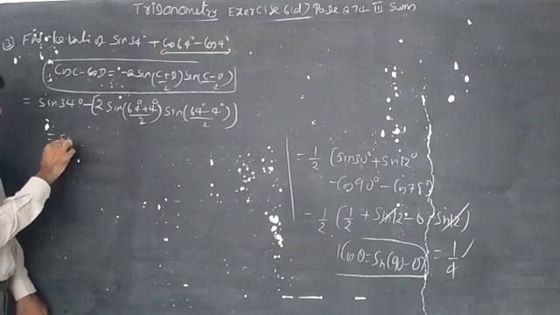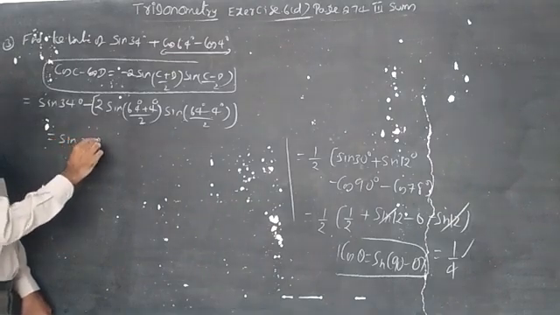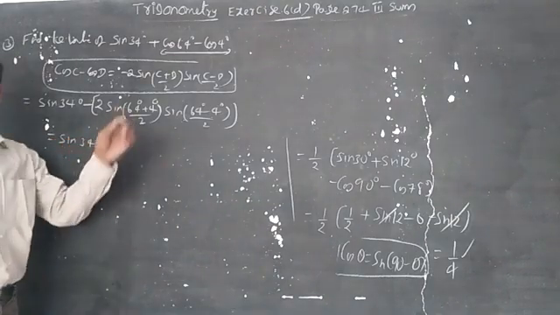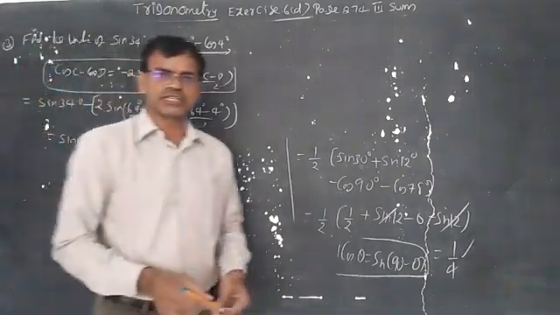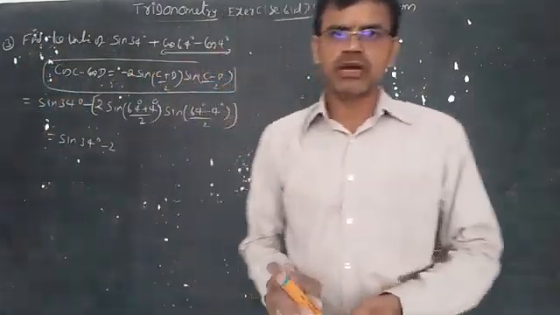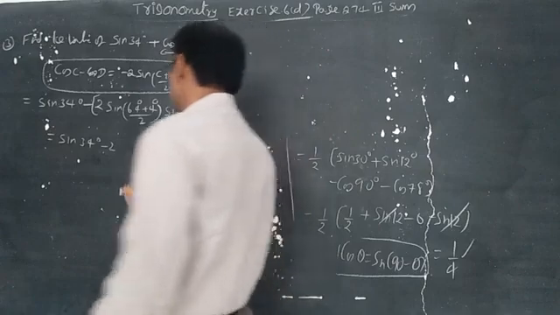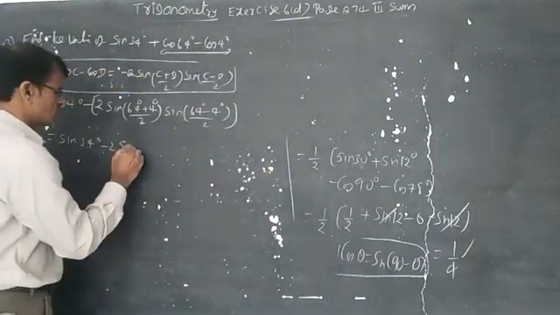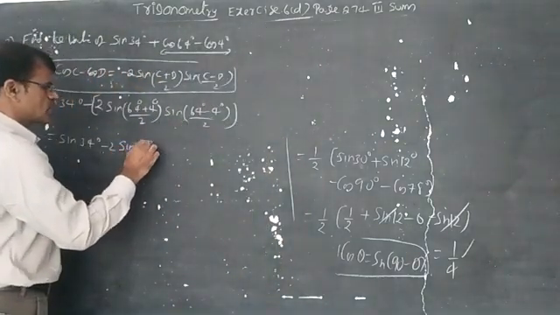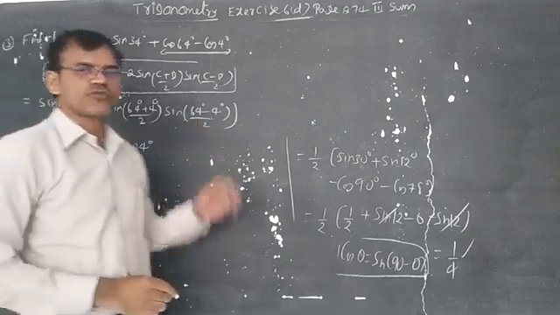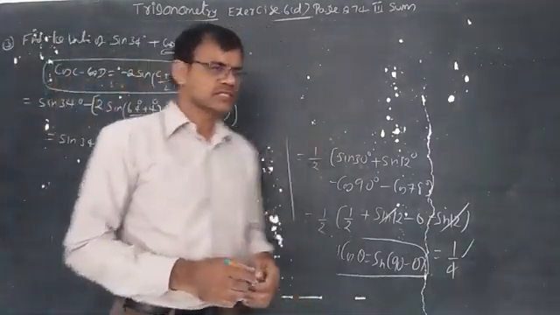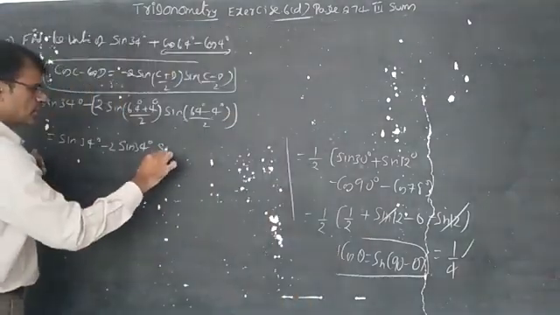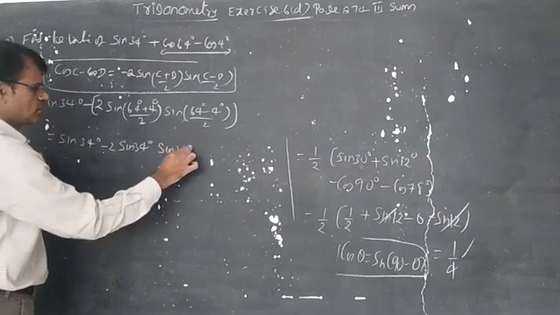That is equal to sin 34 minus 2 into, 64 plus 4 becomes 68, 68 by 2 becomes 34, so 2 sin 34, into sin, 64 minus 4 becomes 60, 60 by 2, you can write as sin 30 degrees.